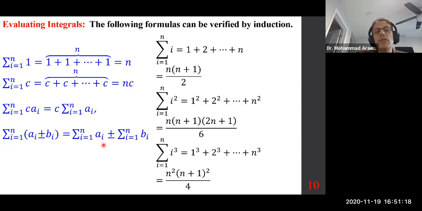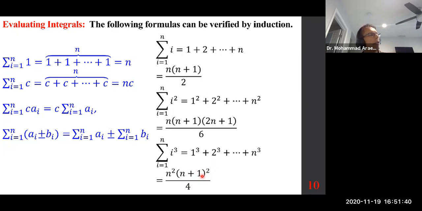You can separate. A summation of I is n times n plus 1 over 2, and this was basically the sum of arithmetic sequence. Since that's the formula. Summation of I squared has this formula, I cubed has this formula. N times n plus 1 times 2n plus 1 over 6, and n squared times n plus 1 quantity squared over 4.